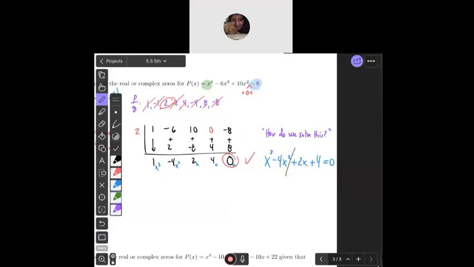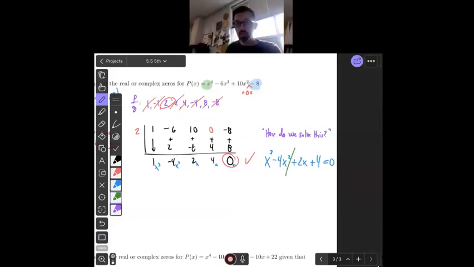Grouping, yeah. So what made you think about that? Why were you thinking about grouping? I just noticed there were 4 terms. 4 terms, so go grouping.